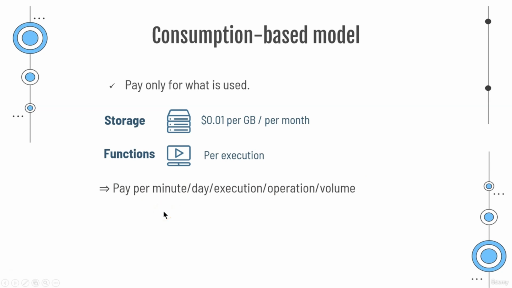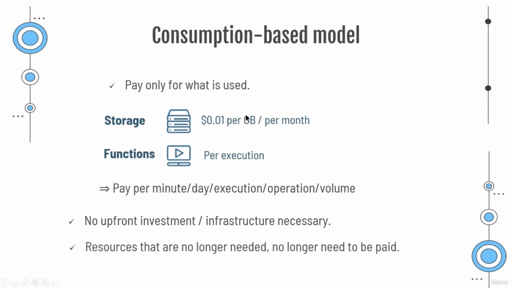So here it is enough to know that this can be a combination of these different factors. And of course, we know there are no upfront costs with these consumption-based models. So when we don't need the resources anymore, we can just shut them down. And then when we don't use them, for example, if we don't use and execute the functions, we are not paying anything for it. This is the consumption-based model.